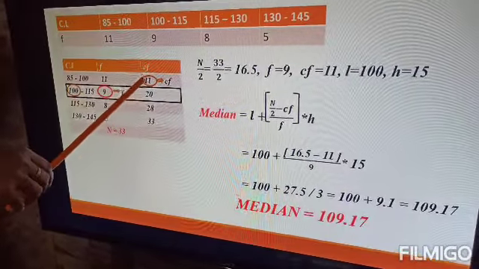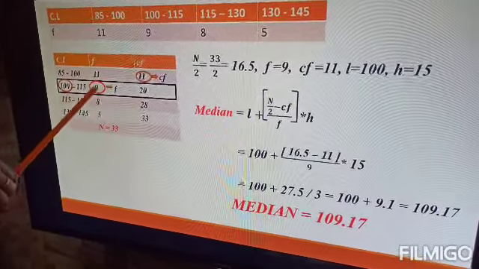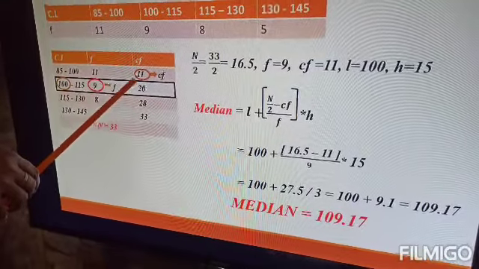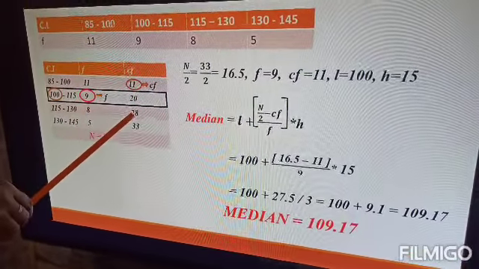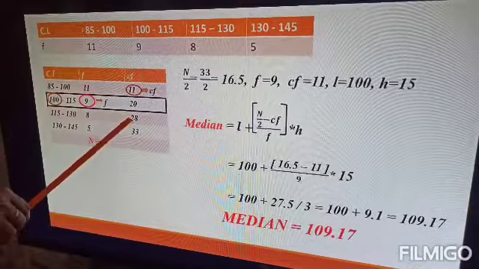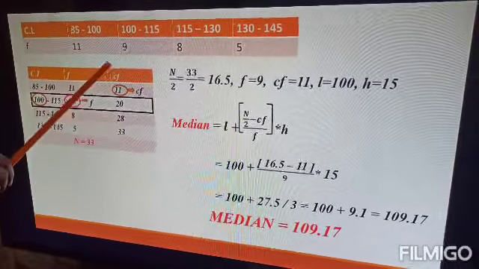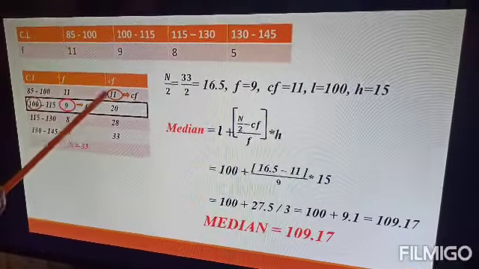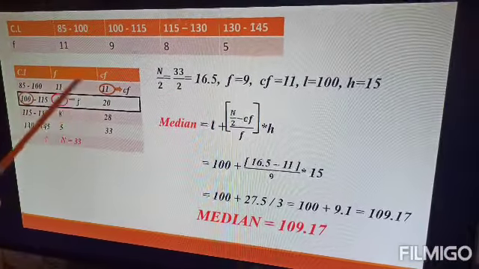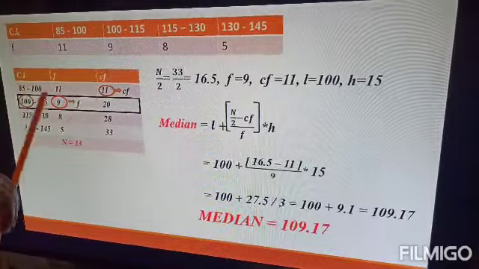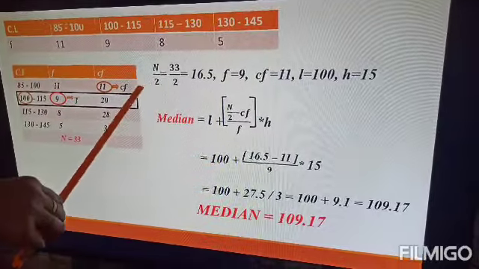Then 11 plus 9, we add these two, we get 20. 20 plus 8 becomes 28. 28 plus 5 is 33. Then from this cumulative frequency we have to find the median class. Before that we have to find N by 2.